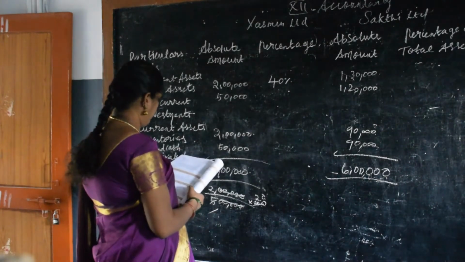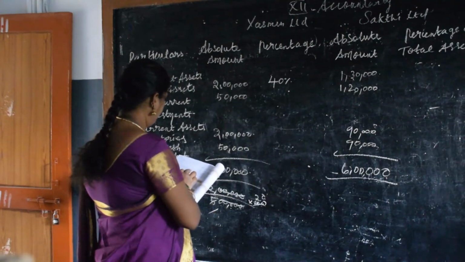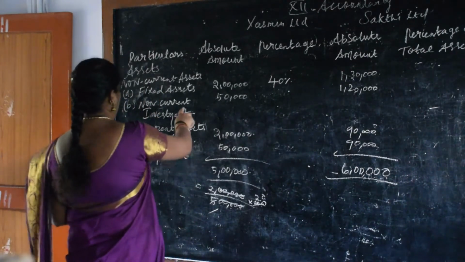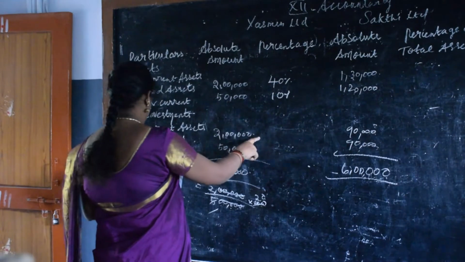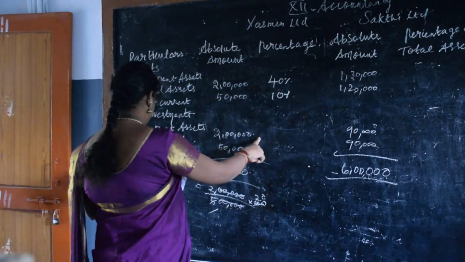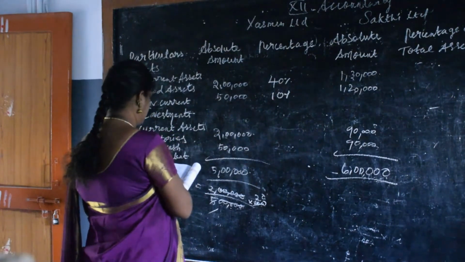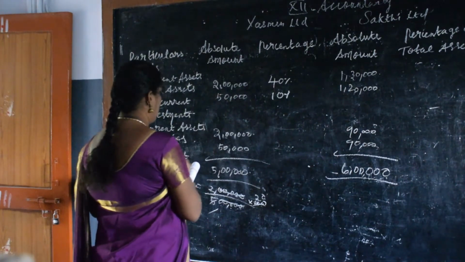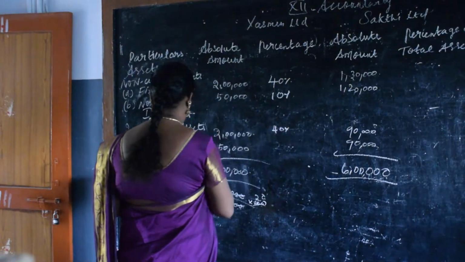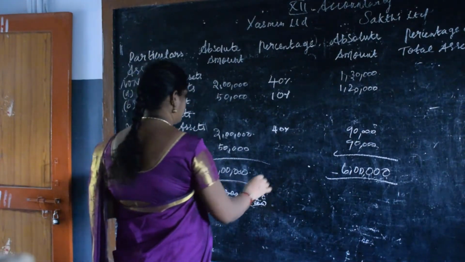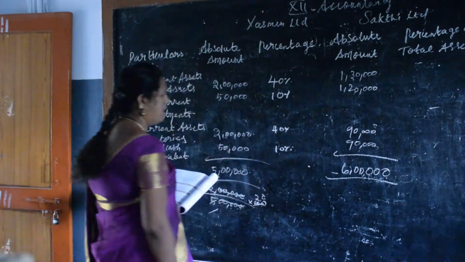Fixed assets 40% and non-current investments 10%, and the current assets: fixed asset 40%, non-current investments 10%, inventories 40% and the cash and cash equivalent is 10%.